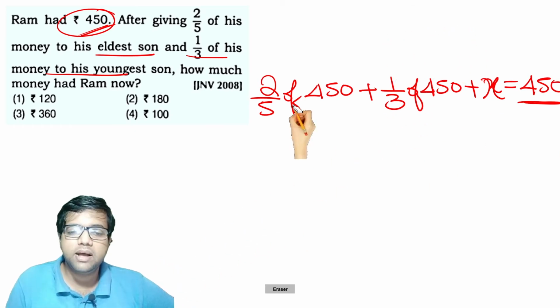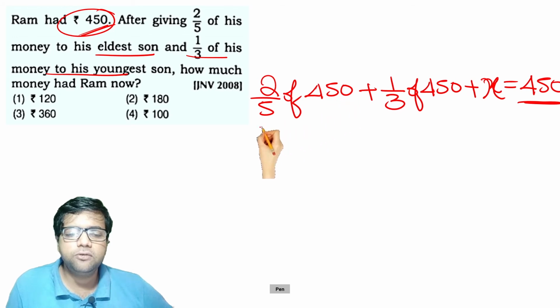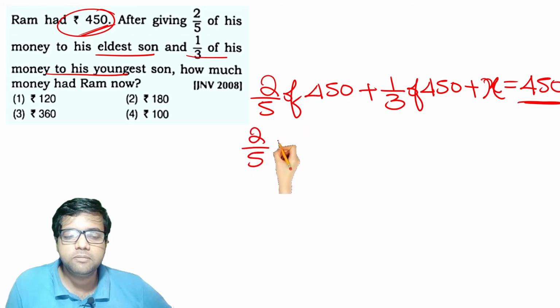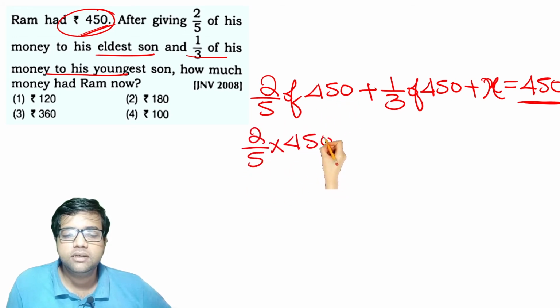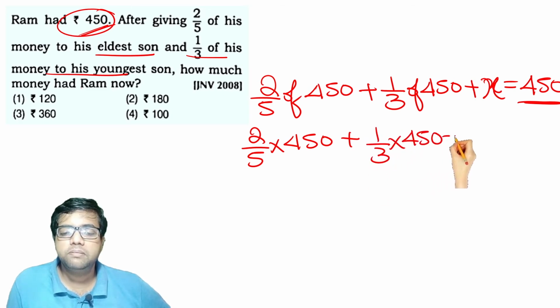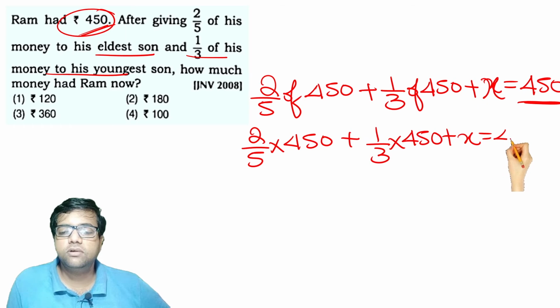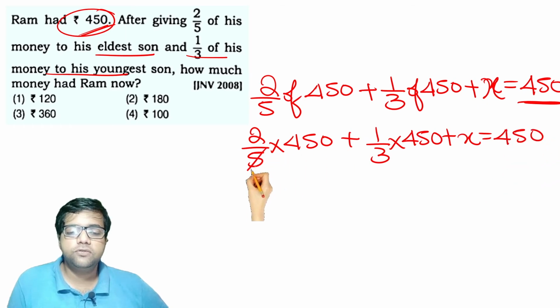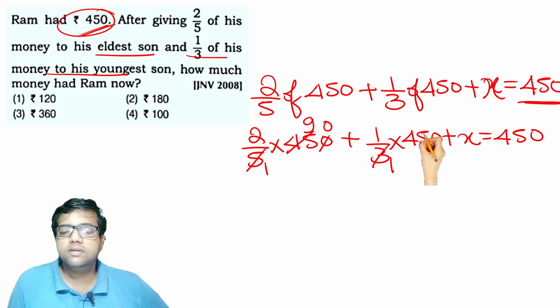So let's do the math now. 2/5 of 450 means multiplication. 2/5 of 450 plus 1/3 of 450 plus X is equal to 450. So 5 ones are 5, 5 nines are 45, 5 zeros are 0. 3 ones are 3, 3 15s are 45, 3 zeros are 0.